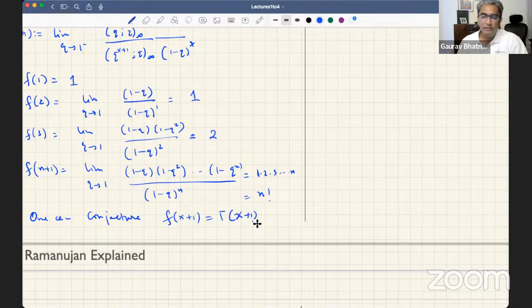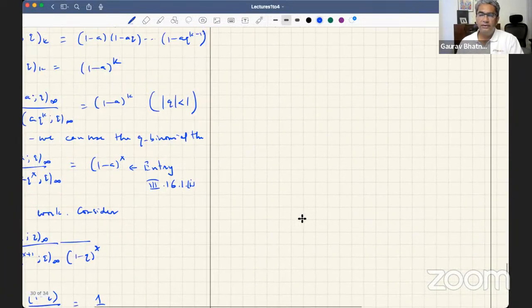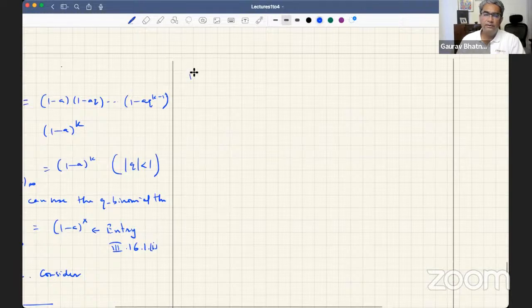So this is a conjecture, and this is in fact what the entry is. So let me write down the entry.